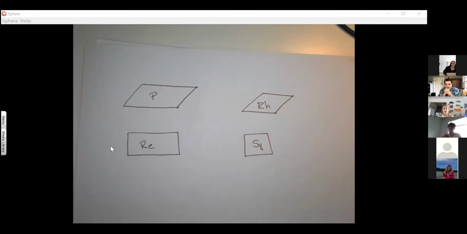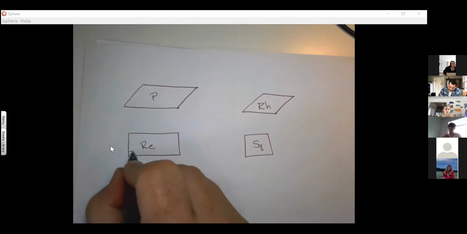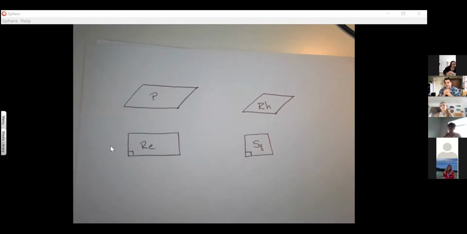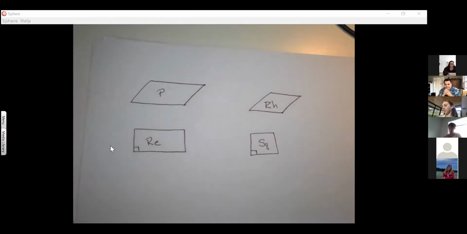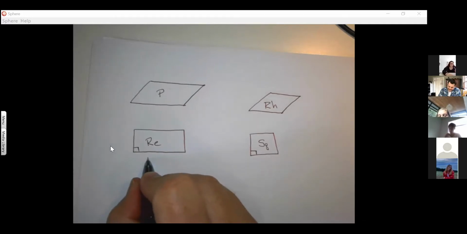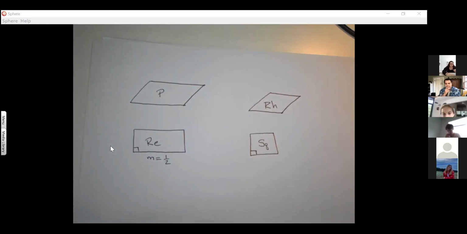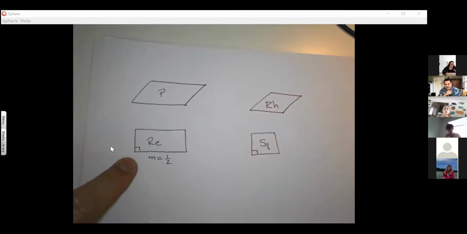They form right angles. And is there anything I could use the slope for to identify right angles? Like, let's say the slope of this came out to be 1/2. And I know this is a right angle. What would the slope over here be? 0.